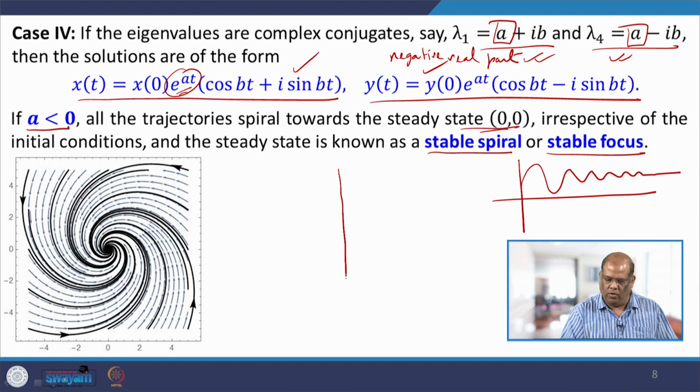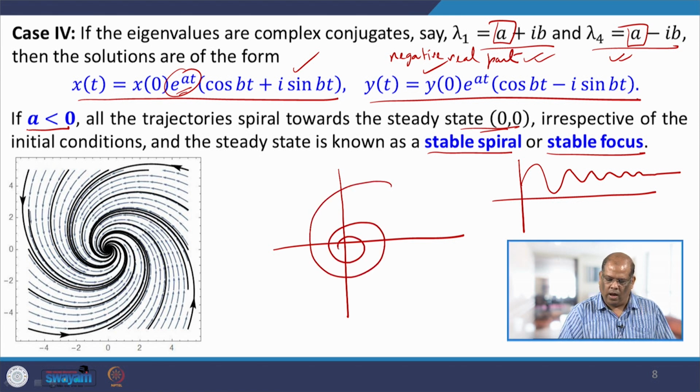If you just want to draw them, you go round and round and round. The thing to remember is that this point will never enter 0, 0. It will just spiral round and round about 0, 0. This is one point.